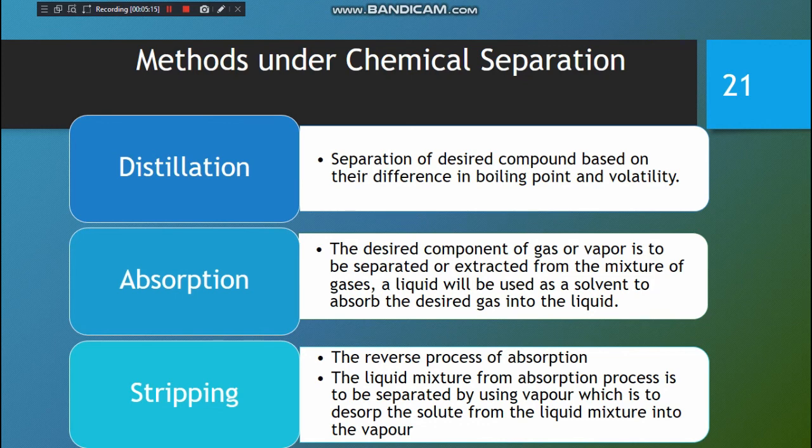The more volatile compound will vaporize and then condense before being collected, while the less volatile component or compound will remain in the column, at the bottom of the distillation column. So that is the basic principle of the distillation process.